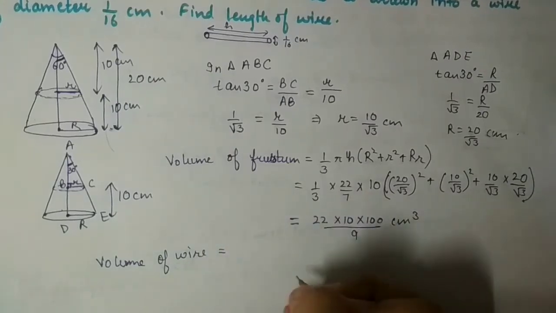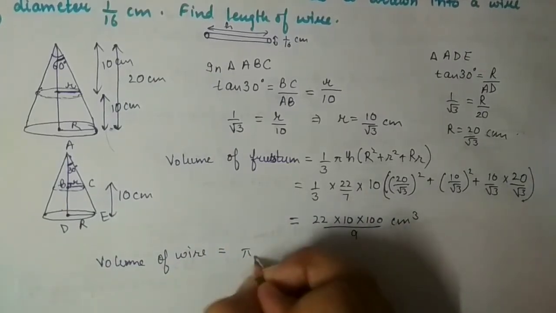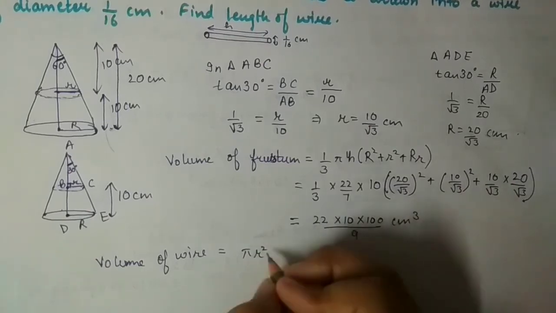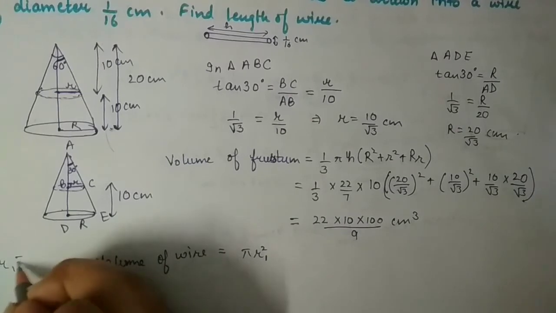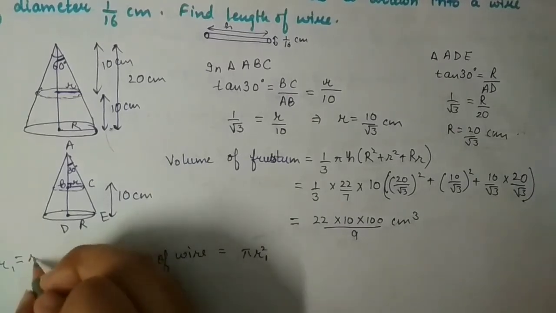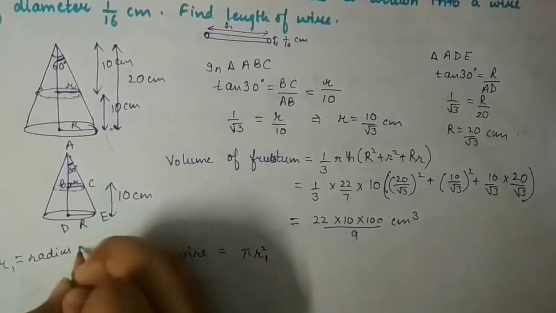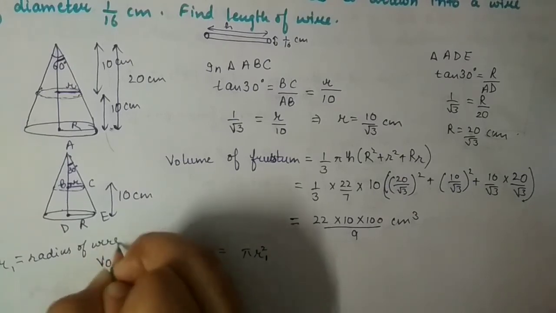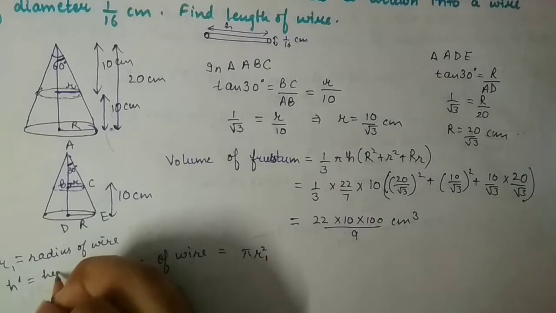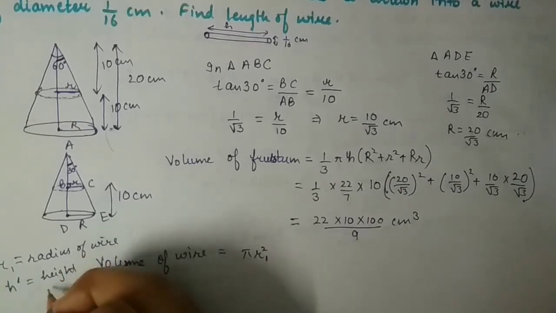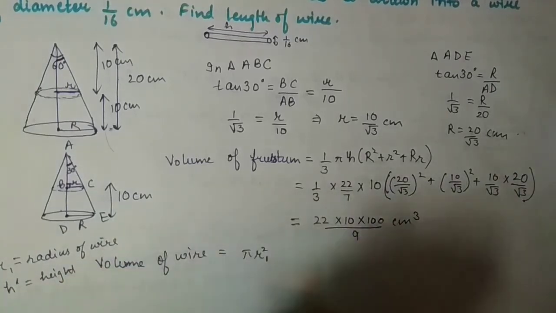Now what is the formula for finding volume of cylinder? It is pi r square h. Now let this r be r1, the radius of wire, and h dash be the height of wire, that is the height of cylinder or length of wire.